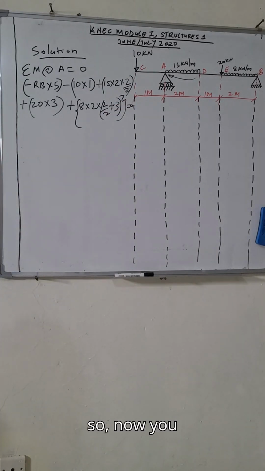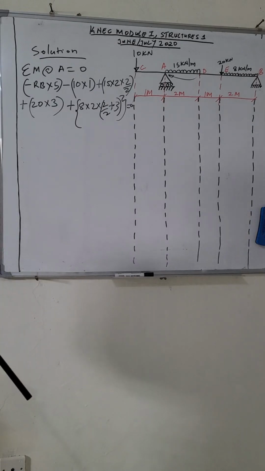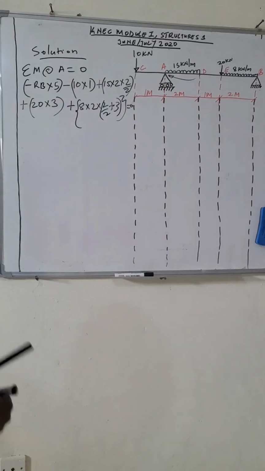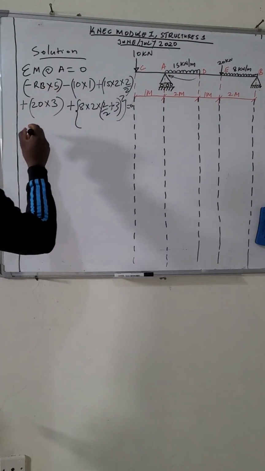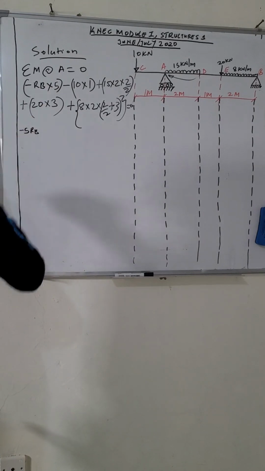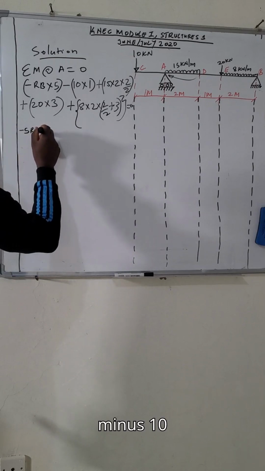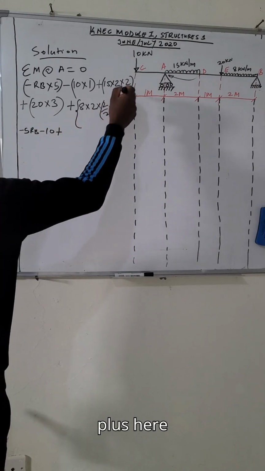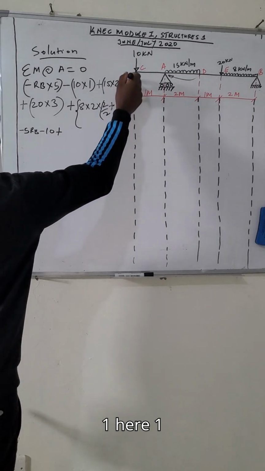After doing so, now you can open the bracket by saying that minus 5 RB minus 10 plus here 1, here 1.